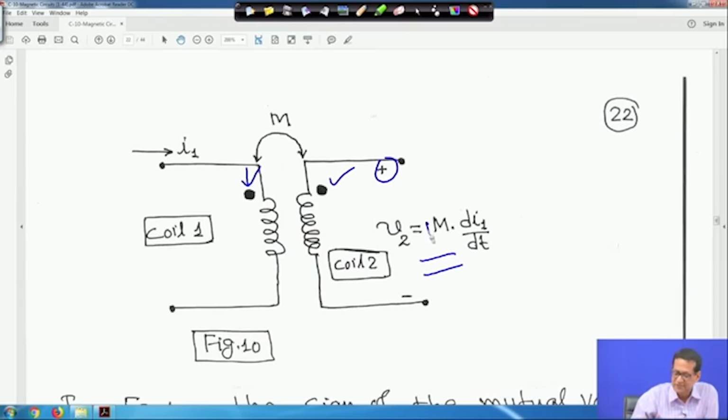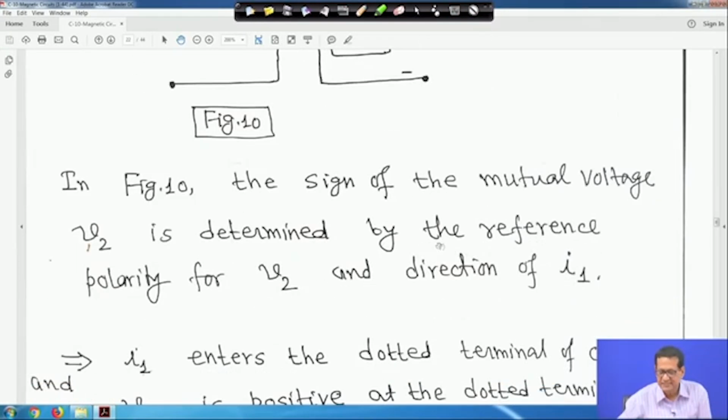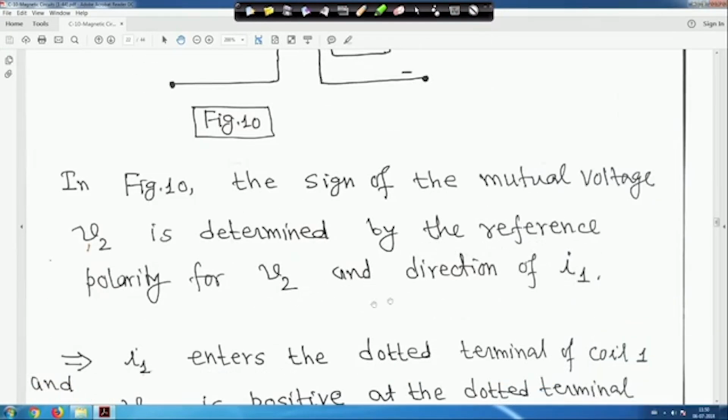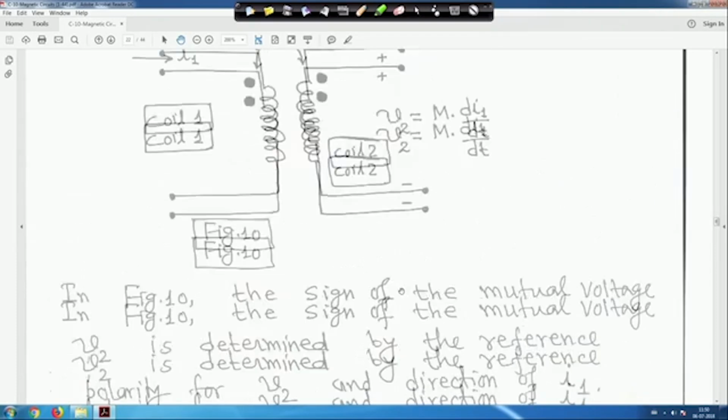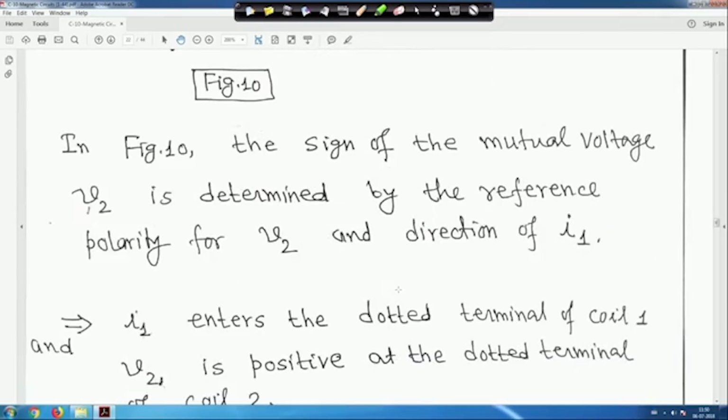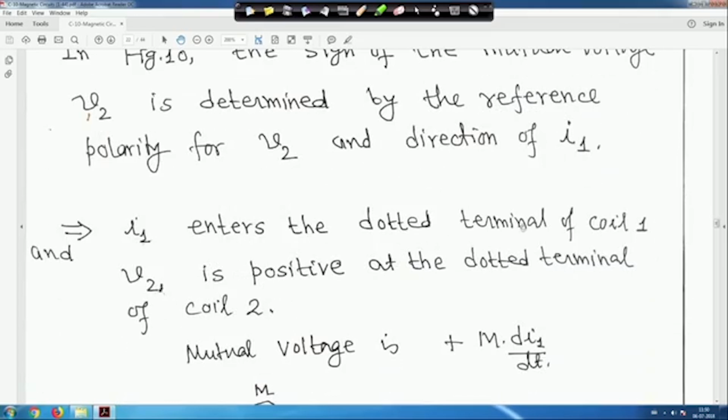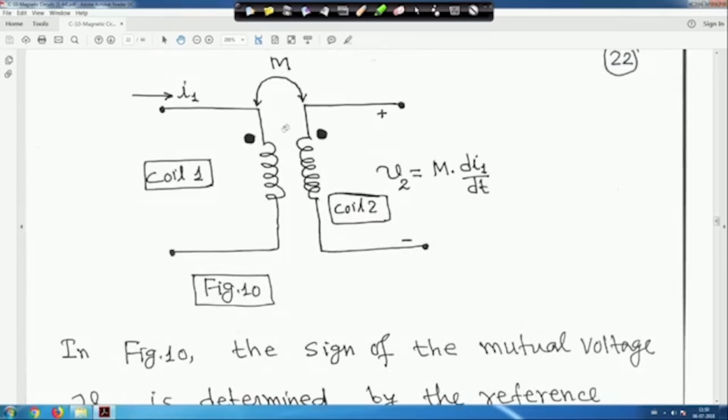It is actually a plus sign, M d I upon dt. That is why it is determined by the reference polarity for V 2 and the direction of I 1. Similarly, I 1 enters the dotted terminal of coil 1, so I 1 is actually entering into the dotted terminal, right.